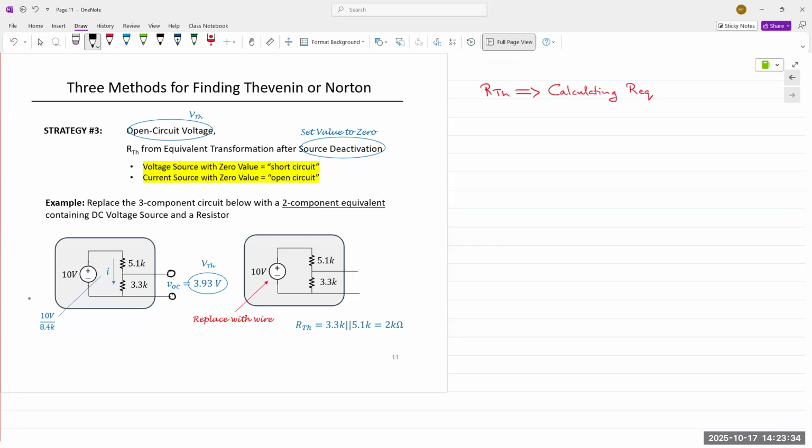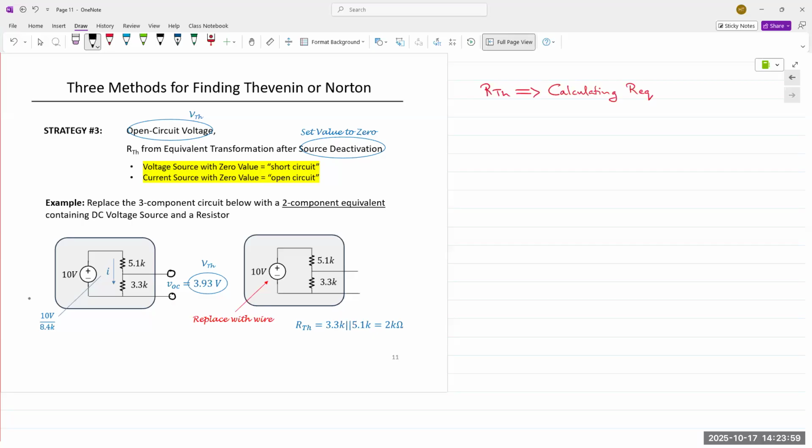Okay. In order to do that, we have to ensure that there is nothing left in the circuit except resistors. Meaning if there are any sources in the circuit, we have to remove those sources. We have to deactivate them. We have to reduce them to 0. Now, deactivating a source does not simply mean that you turn it off.